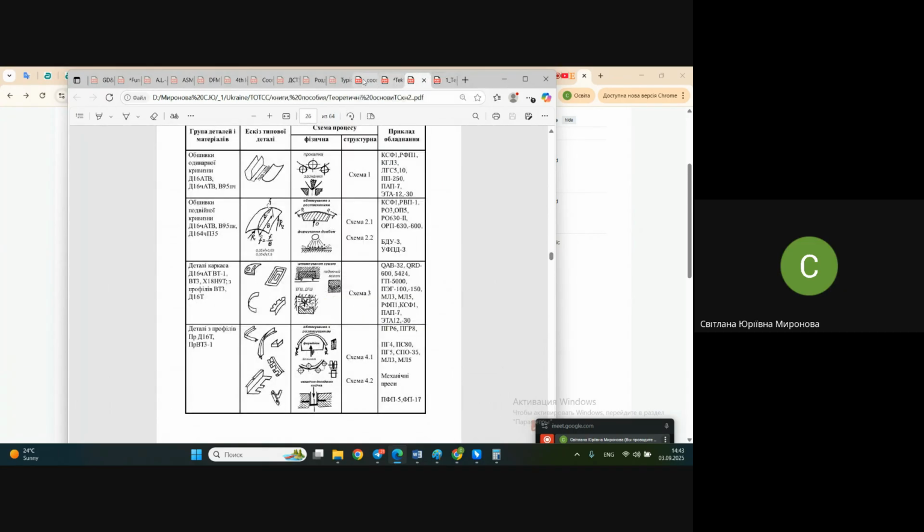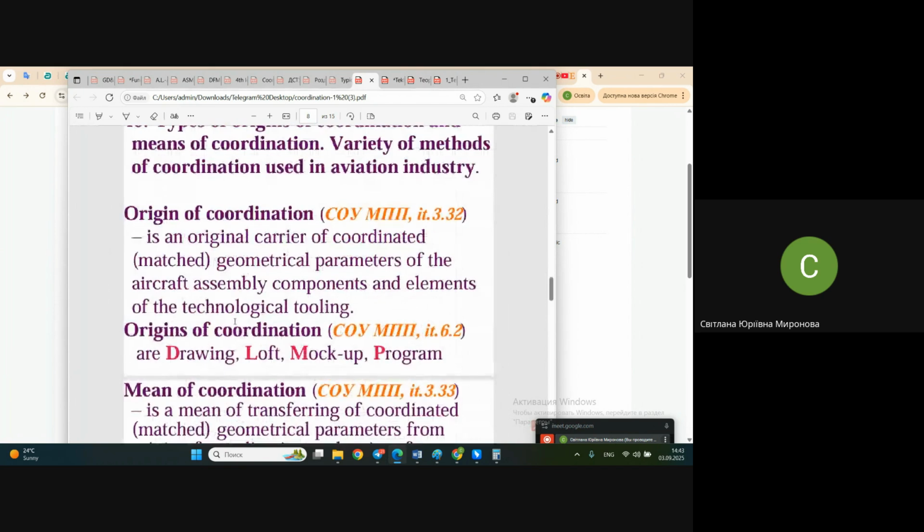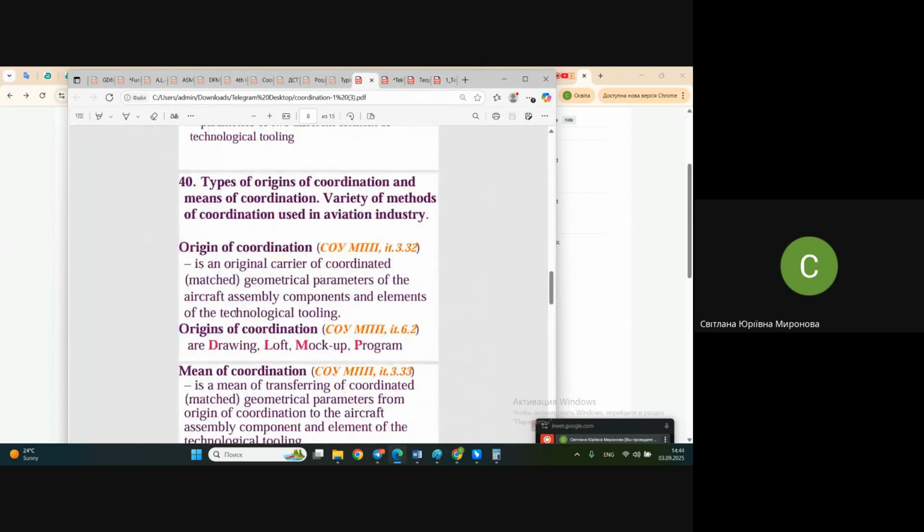Well, let's go here right now. What I've been talking about, different lofts, mock-ups, and so on. We have an idea that we have some origin of coordination.